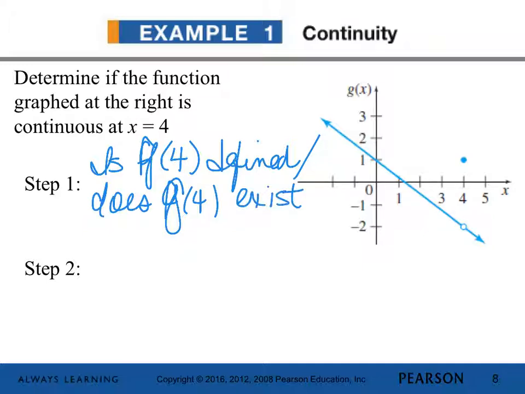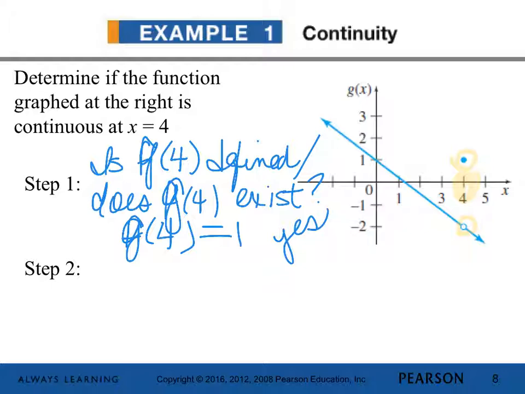So to determine that, we come over here and we look to see where 4 is. And we notice that while it's not on that line, g of 4 is defined, and it has the value of 1. So we know that g of 4 equals 1. Does it exist? Yes. So it passed step 1.